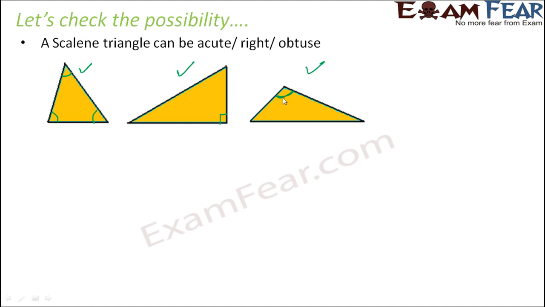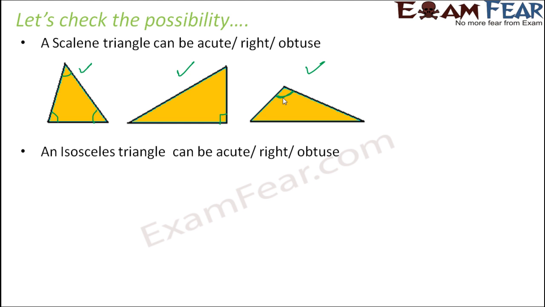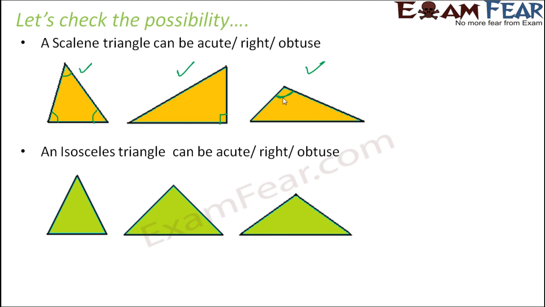So therefore, a scalene triangle can be an acute scalene triangle, a right angled scalene triangle, or an obtuse angled scalene triangle. Now when it comes to an isosceles triangle, this can also be acute, right or obtuse. That means you can have an isosceles triangle which is acute, that means all the three angles are less than 90 degrees and two sides are equal. So this is an acute isosceles triangle.